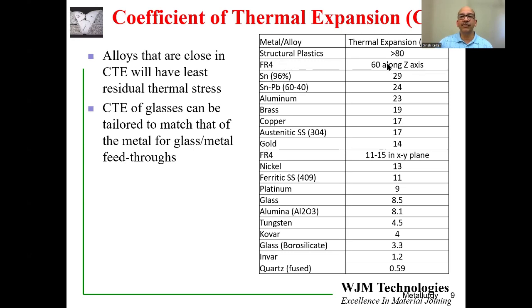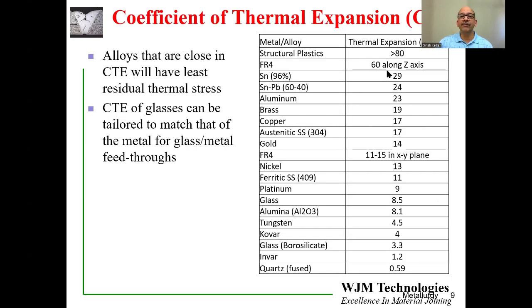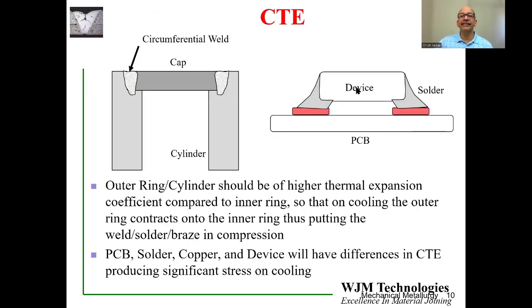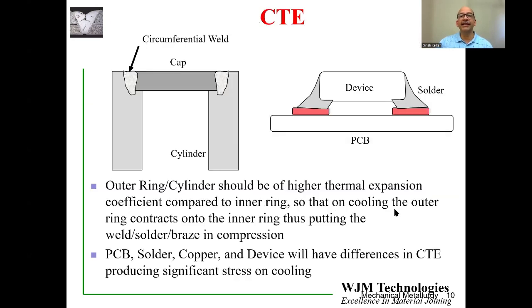The FR4 is 60. Solder has a value of about 30. And the device itself, if it's alumina, like a capacitor, has a thermal expansion of 8. So when you place all of these components in an oven, a reflow oven, for example, for soldering to take place.